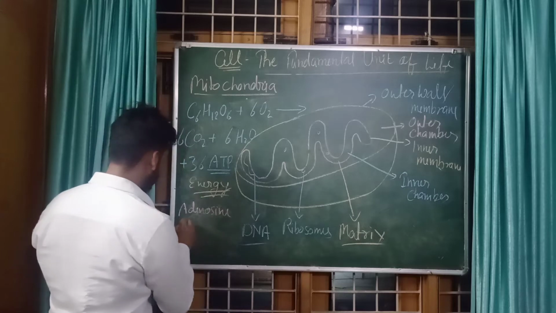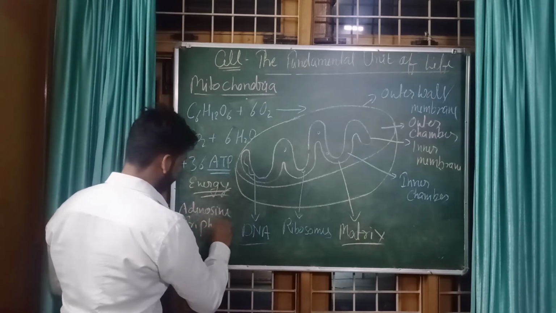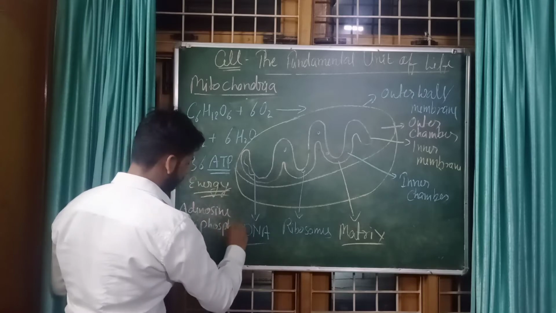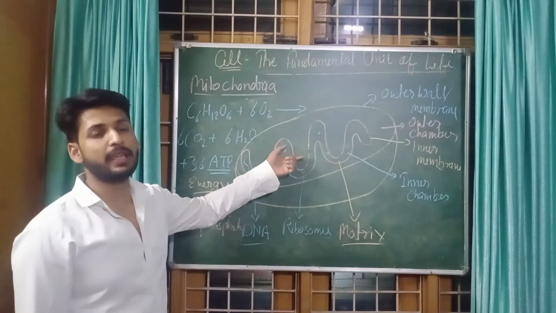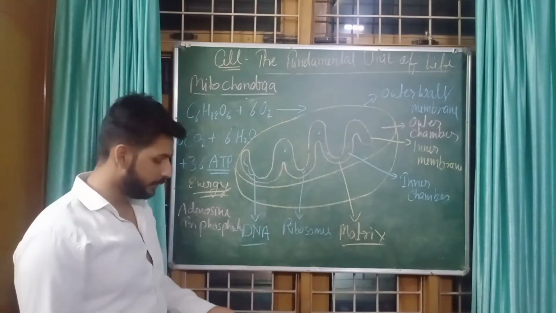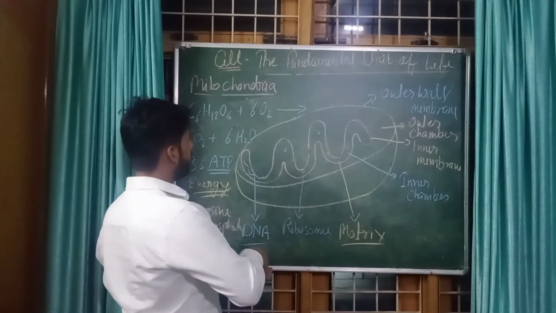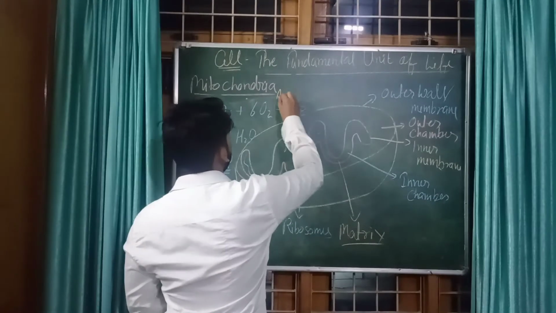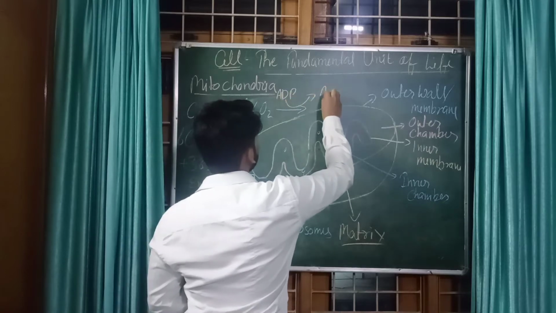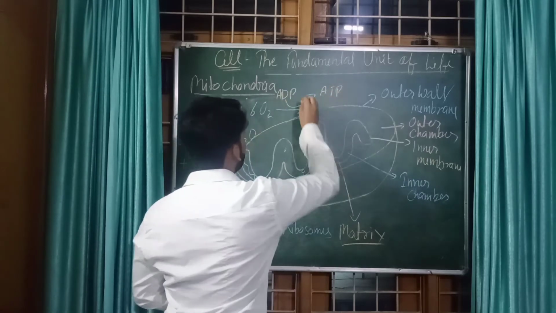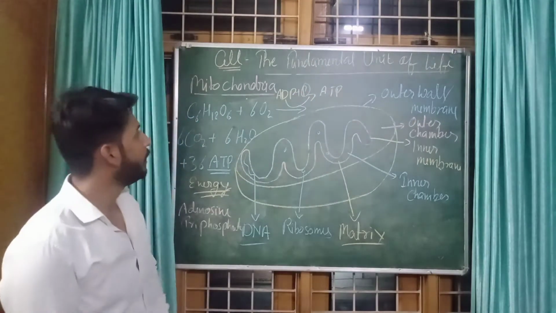What is it? Adenosine triphosphate. Actually, it contains some enzymes, and with the help of those enzymes, a molecule of ADP is converted to ATP when one phosphorus is added to it.